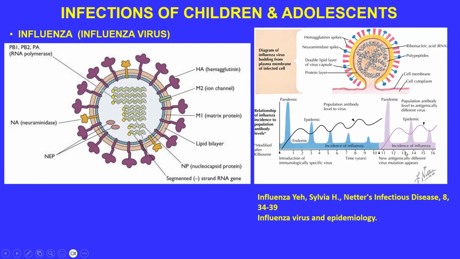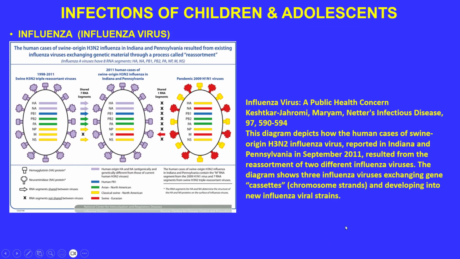Or they may not be of good health, okay? Now, in this case here, you have a diagram. And this is the human cases of swine origin H3N2 influenza in Indiana and Pennsylvania, resulting from existing influenza viruses exchanging genetic material through a process called reassortment.